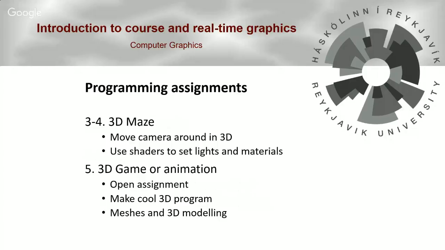And finally, the third main programming assignment is assignment 5, which is a very open assignment where you simply do whatever 3D game or 3D animation that you want. The only criteria is that you use OpenGL for it, and there are specific things that you need to do. You need to use models, you need to use lighting and colors, and then certain other criteria that you have to choose which ones you use.